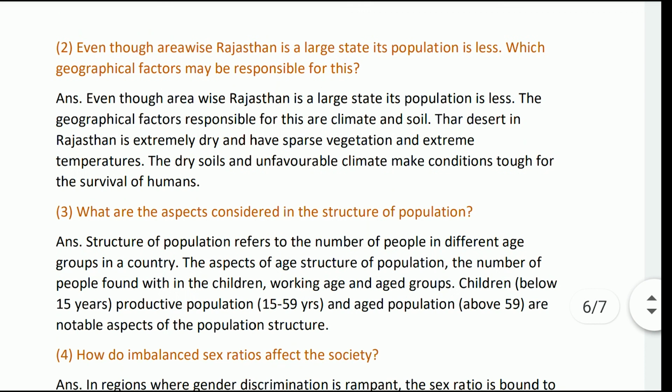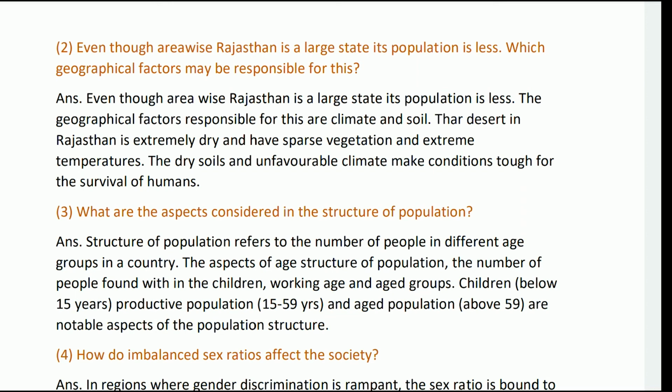of sanitation. Even though area wise Rajasthan is a large state, its population is less. Which geographical factors may be responsible for this? The geographical factors responsible for this are climate and soil.